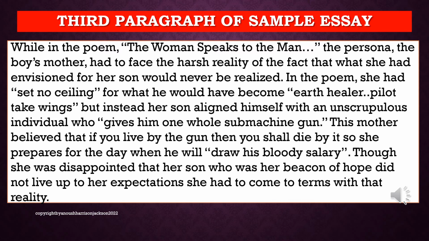But instead, her son aligned himself with an unscrupulous individual who gives him one old submachine gun. This mother believed that if you live by the gun, then you shall die by it. So she prepares for the day when he will draw his bloody salary.